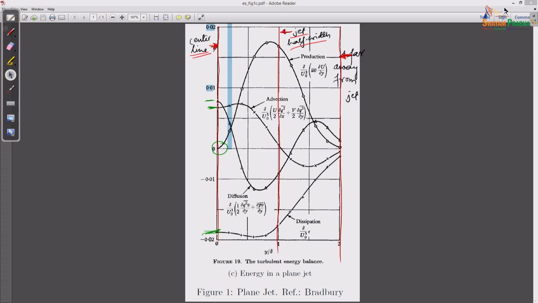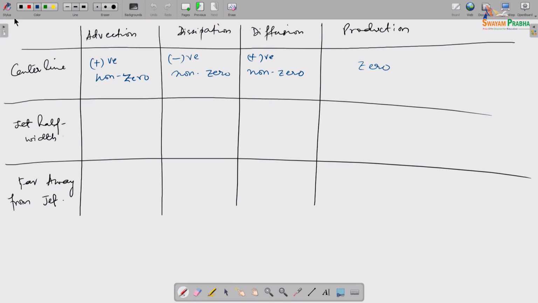So if I look at the jet half width, which is here, what I see is that this is the advection. It is nearly 0.